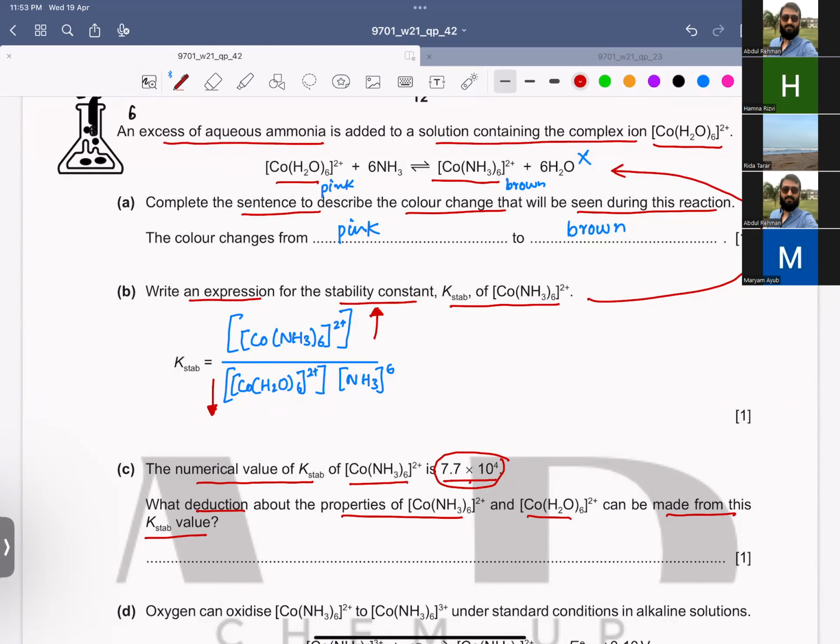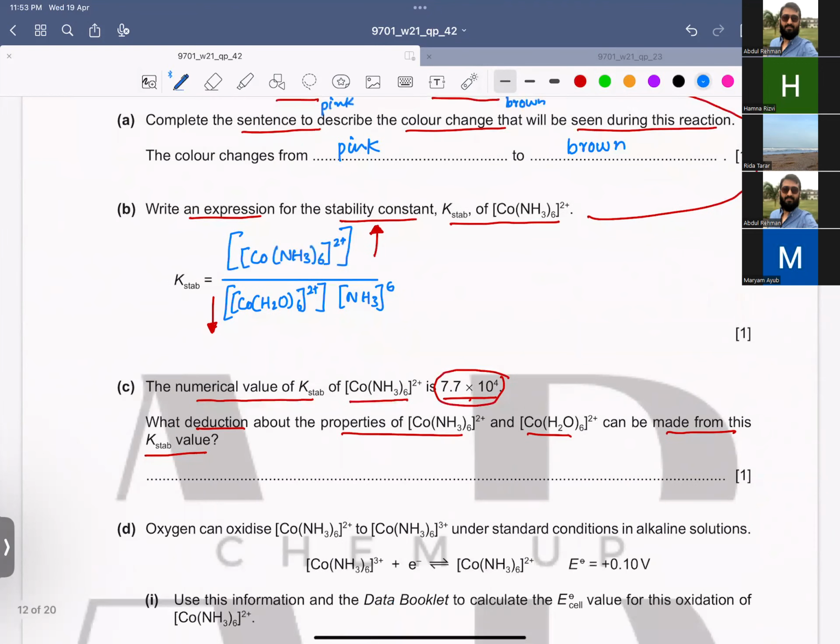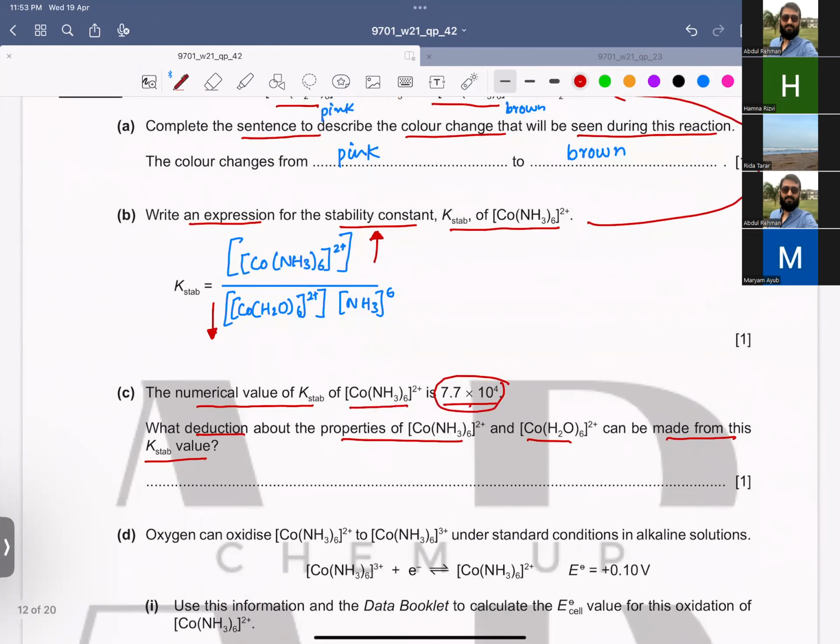Is this clear to everyone? So if the complex in the numerator is having a higher amount, it means we can say that it is more stable, and this one is less stable because it turns into the other complex.